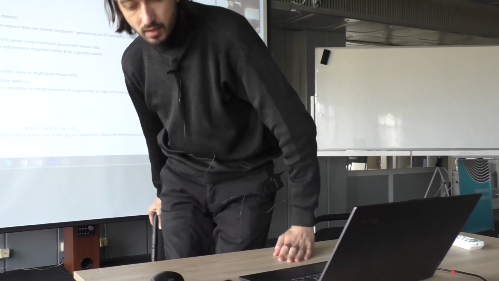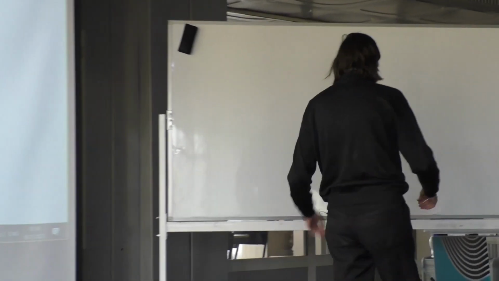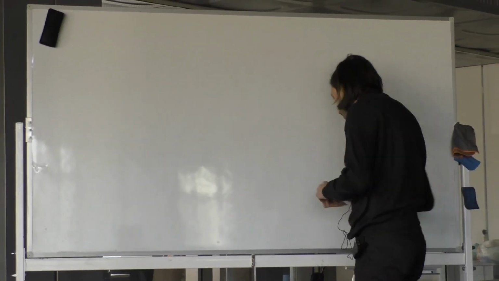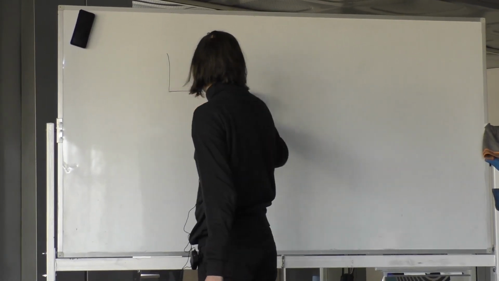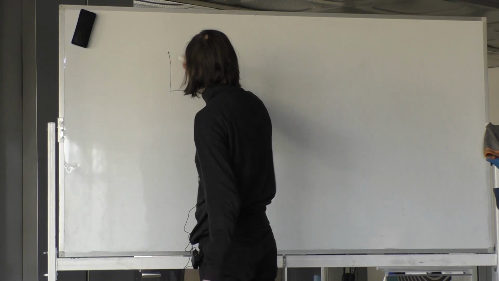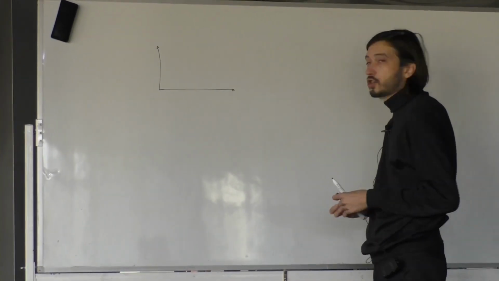So first of all, I want to draw you a little picture, and I'll try to state this problem with a picture. So suppose I have data points that live in two-dimensional space.